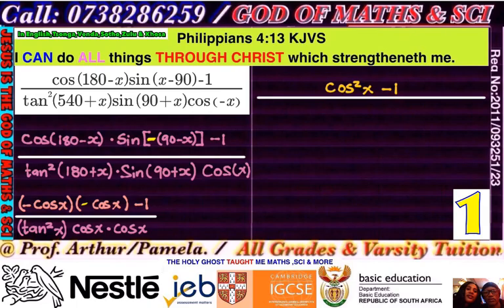Now you need to remember tangent is the same as sine over cos. So you could write that as sine squared of x, and then you divide that by cos squared of x. And remember, you are multiplying. This is cos times cos, which is cos squared. So you now have cos squared of x.